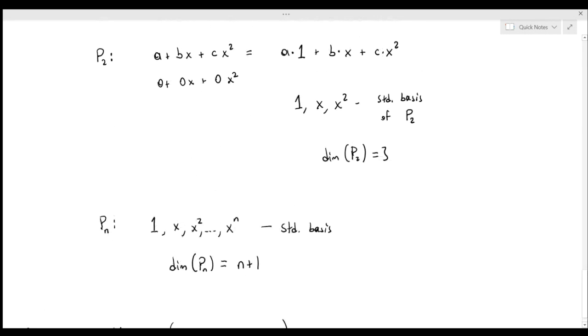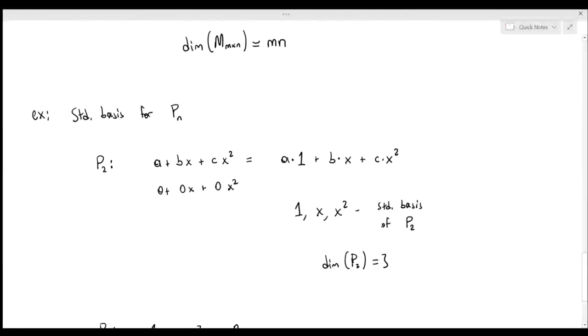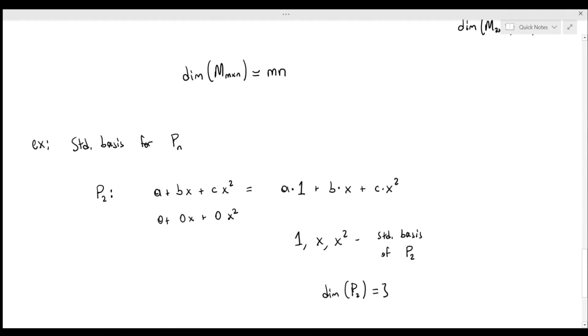Now, if you look at what I've done in the first 3 examples, in this example, I took a generic element of P2, and then I was able to use the variables in it to write it as a linear combination. And from there, I was able to find a basis for P2.